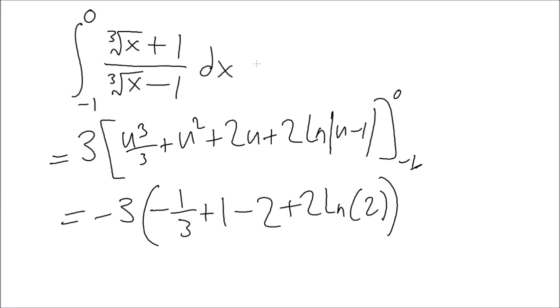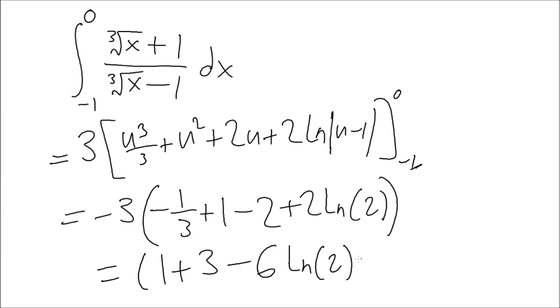You could technically leave your answer like this, but this is -3, this is 1, this is -1, so that's plus 3, and then minus 6 ln of 2. So now our answer is 4 minus 6 ln of 2.